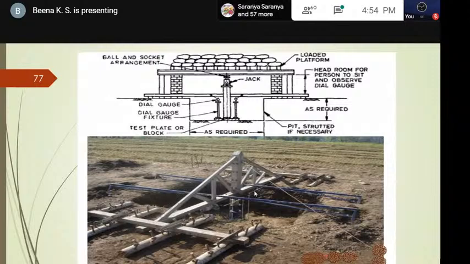In both cases, the load is measured by a proving ring, and the vertical deformation of the test plate is measured using dial gauges. These dial gauges are fixed on an immovable platform, so that the measurement we are getting is exclusively the settlement of the plate.